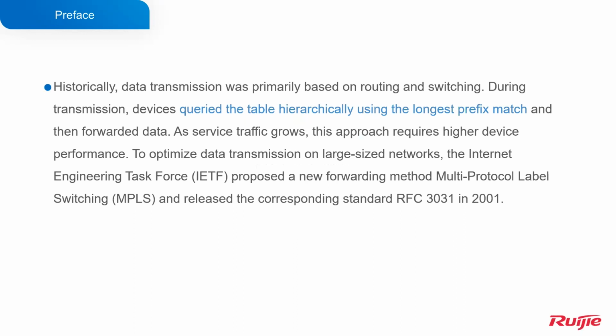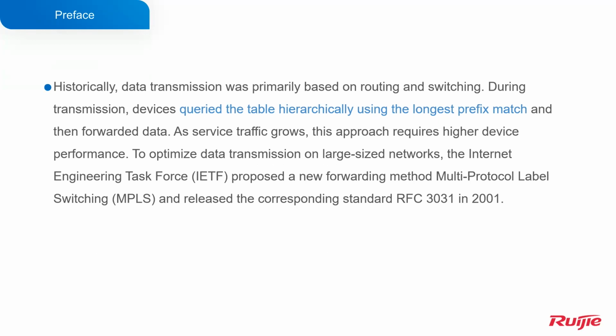If we forward a message according to the layer 3 function, that means the message belongs to different segments. The device queries the IP routing table using the longest prefix match, and selects the best path and forwards the message out.